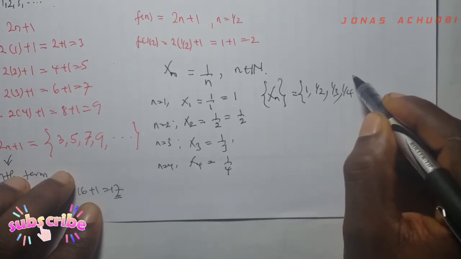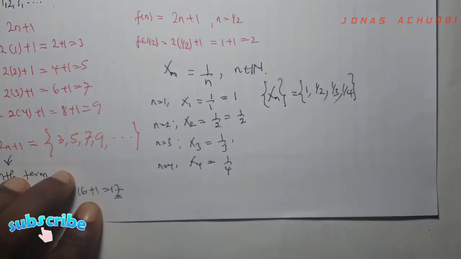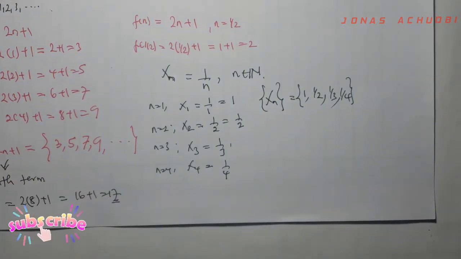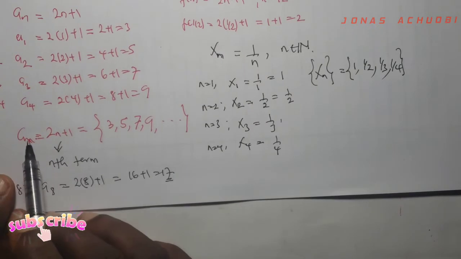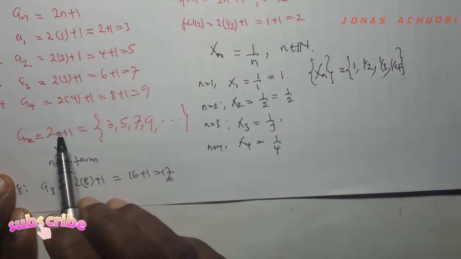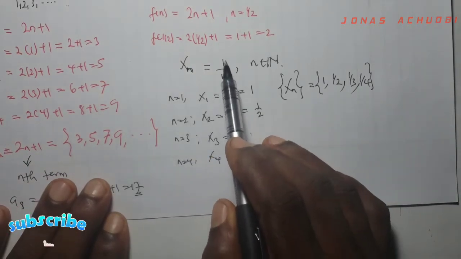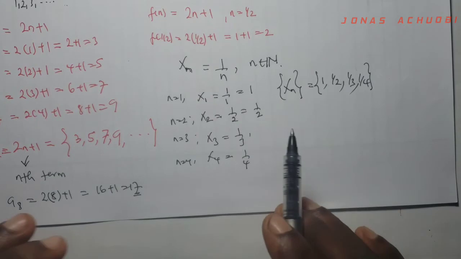And of course, the sequence can go on, we can keep listing the terms forever and ever. Now we know what a sequence is. So we've gotten two sequences here. The first one is the sequence an equal to 2n plus 1, where 2n plus 1 is the nth term. Here we have the sequence xn equal to 1 over n, where 1 over n is also the nth term.